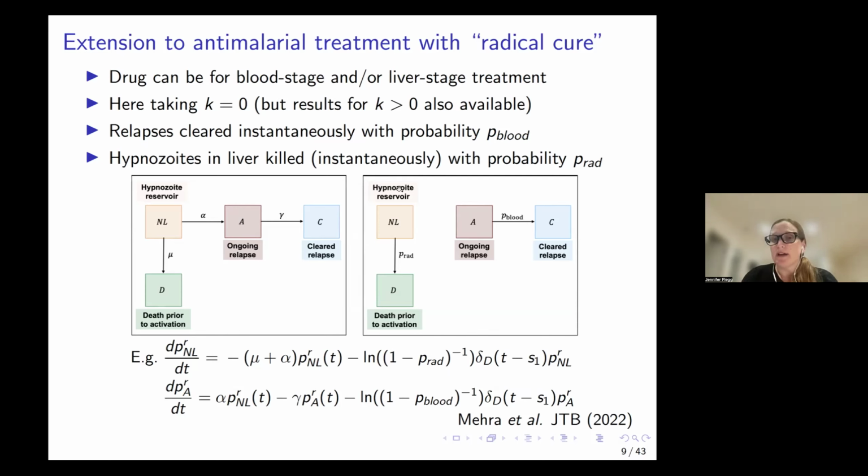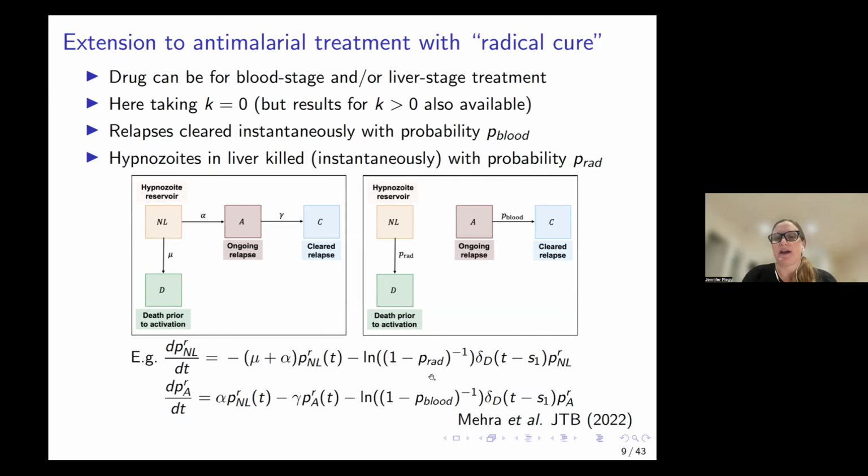The hypnozoite in your liver is also killed instantly if you get the liver stage treatment, and that's with some probability P rad. If we take these assumptions as given, we can then change the Kolmogorov forward differential equations to include the effect of both liver stage and blood stage treatment.